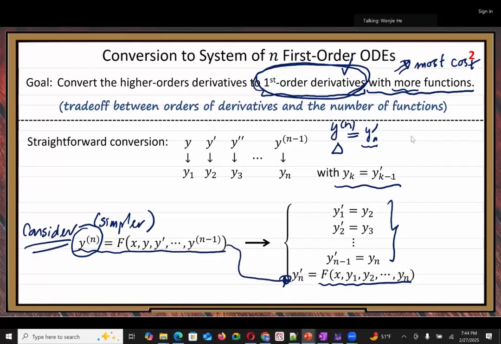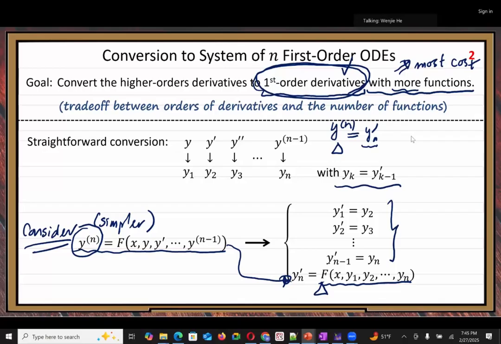Because in this way, you can see... so you may feel, what's the benefit, right? So here, what's the benefit? The benefit is that this f function is still important.